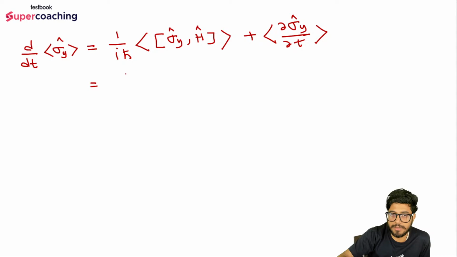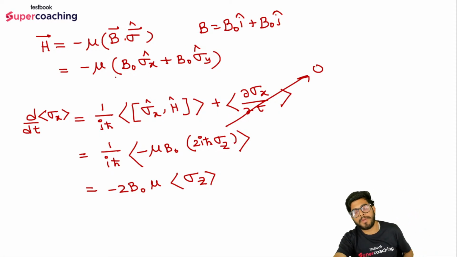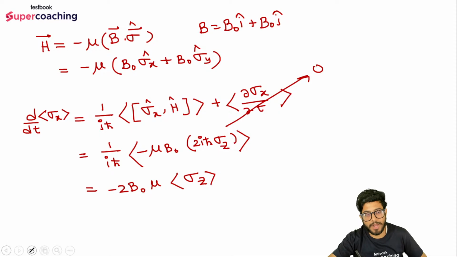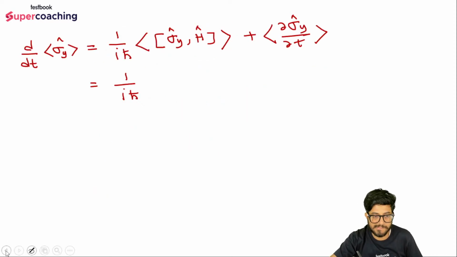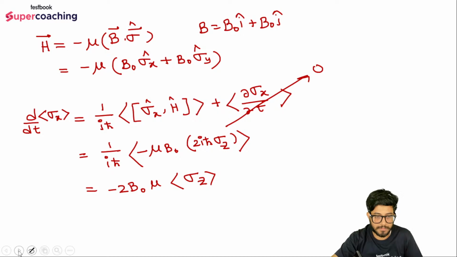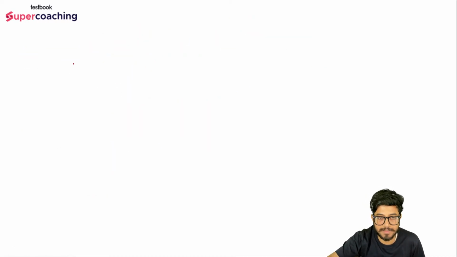Now you see, 1 by iħ, sigma y I'm doing with sigma x will give me something, but sigma y with sigma y is 0. Sigma y with sigma x will give me minus 2iħ.